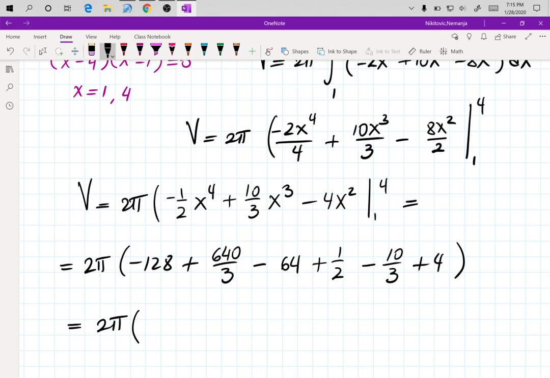Negative 192. 196.5 plus 1/2. And then 630 over 3 is 210, right? So let's say this is all good.